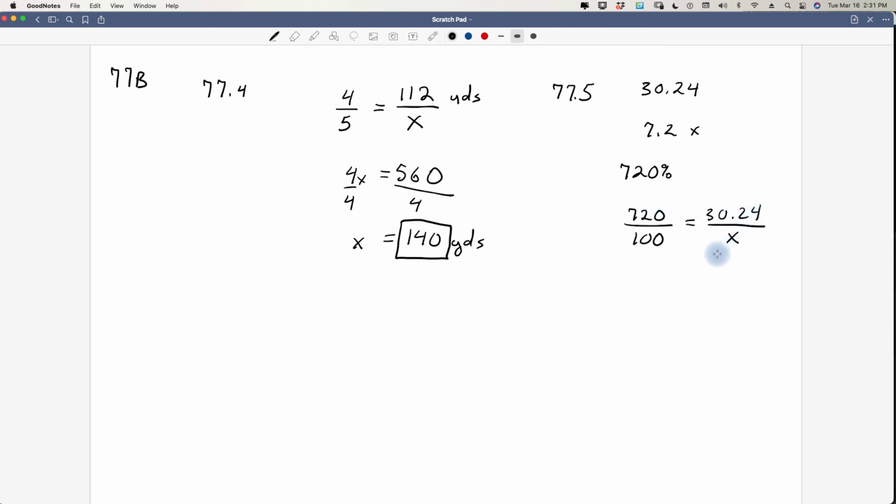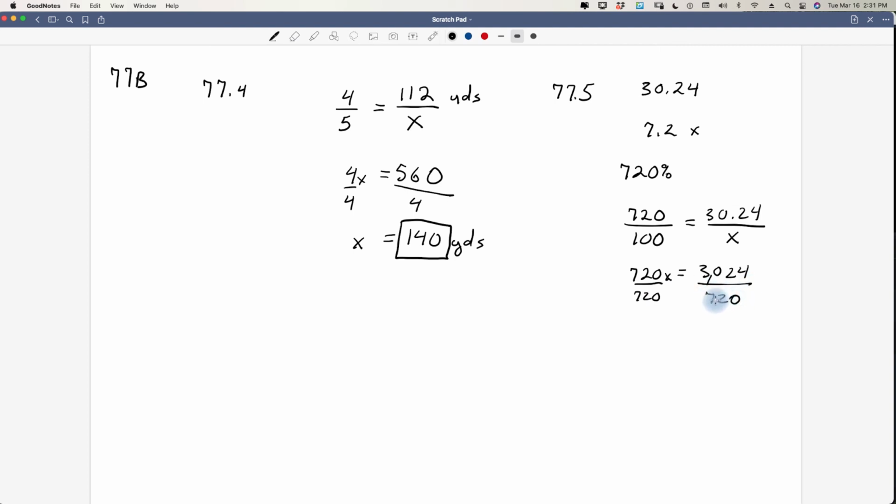We don't know what the actual number was, so this is where we put our x. Now we cross multiply. 720x equals, and when we multiply times 100, we just move our decimal place back 2 places, so 3024. Then we divide both sides by 720.